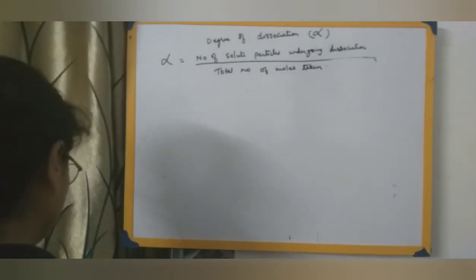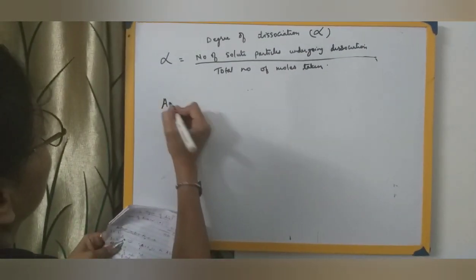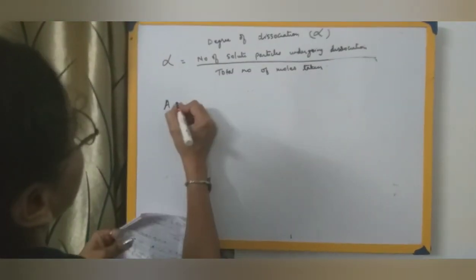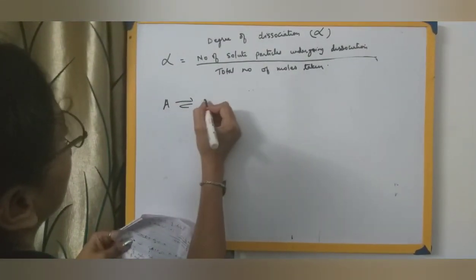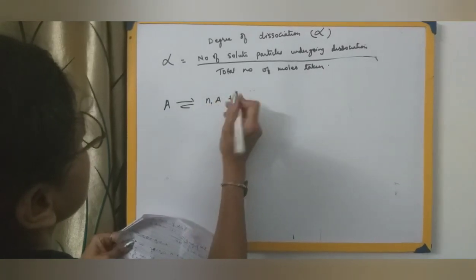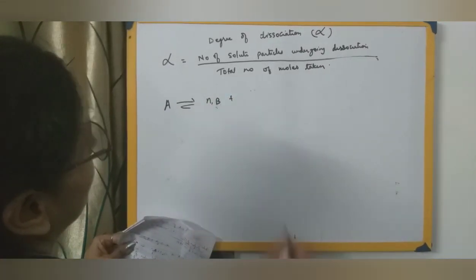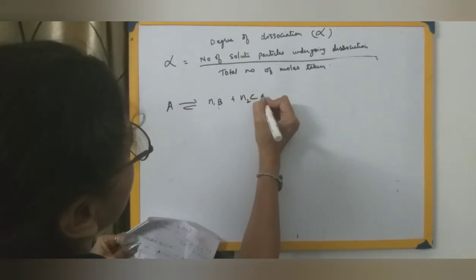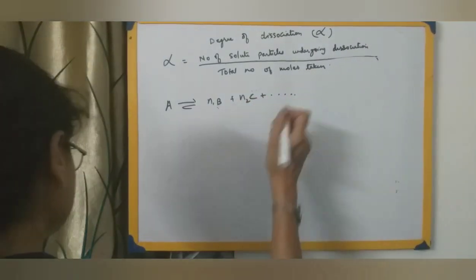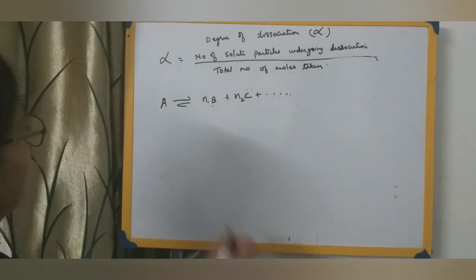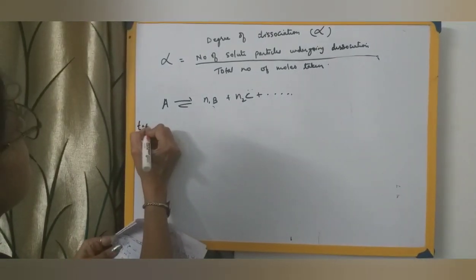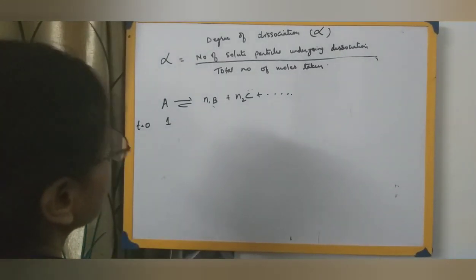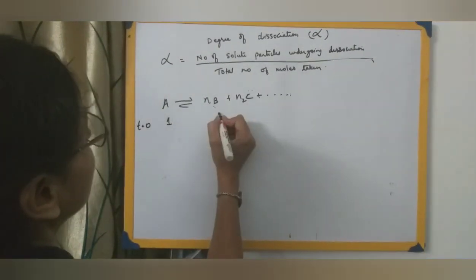Now just imagine, suppose a particle A, when you put it into the solution, it undergoes dissociation to form n1 of B plus n2 of C plus so on, that is many particles formed. Now look, when t is equal to 0, this is going to be 1 because no dissociation has taken place, and this is going to be 0.